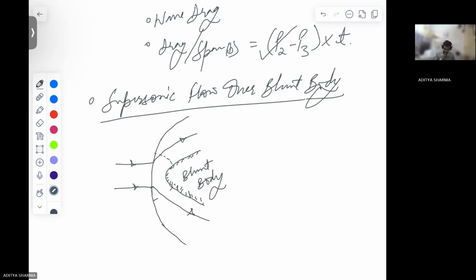Here what happens is, your Mach is less than 1. Okay. This is our initial Mach. So here your Mach is greater than 1. And this is your sonic line.